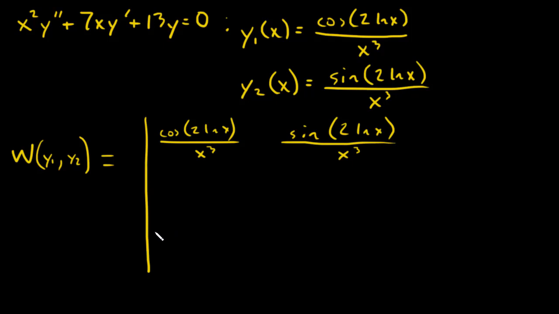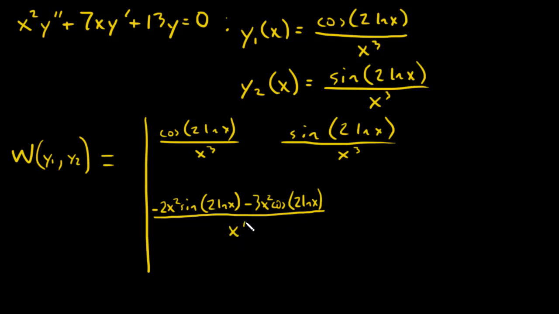Then their derivatives, which happen to be, here we go. Oh boy. Negative 2x squared times the sine of 2 times the natural log of x minus 3x squared times cosine of 2 natural log of x, over x to the sixth.